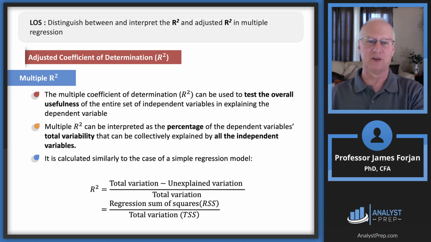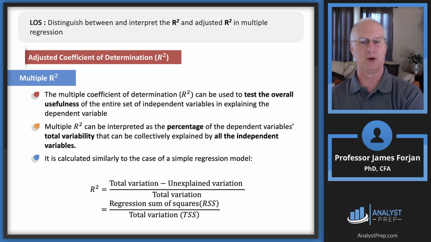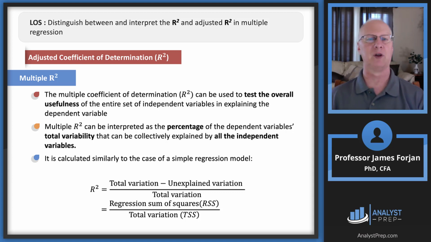Now, of course, this leads us right back into what we said before in the simple linear regression recording. Now we're doing this in the multiple regression recording. So the F flows from and flows into this coefficient of determination, R squared.